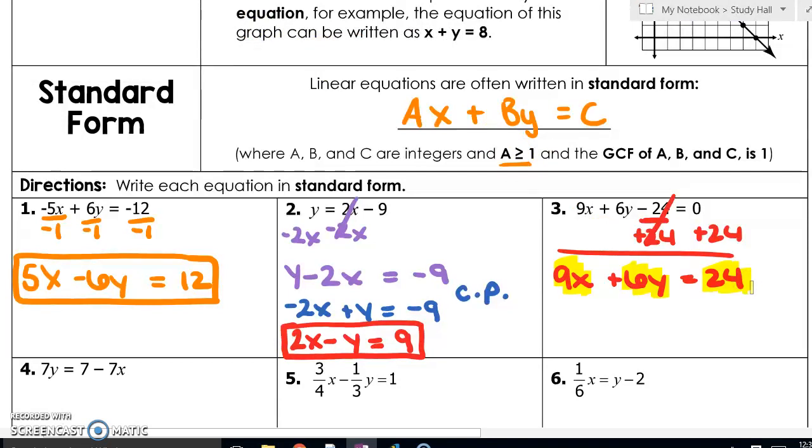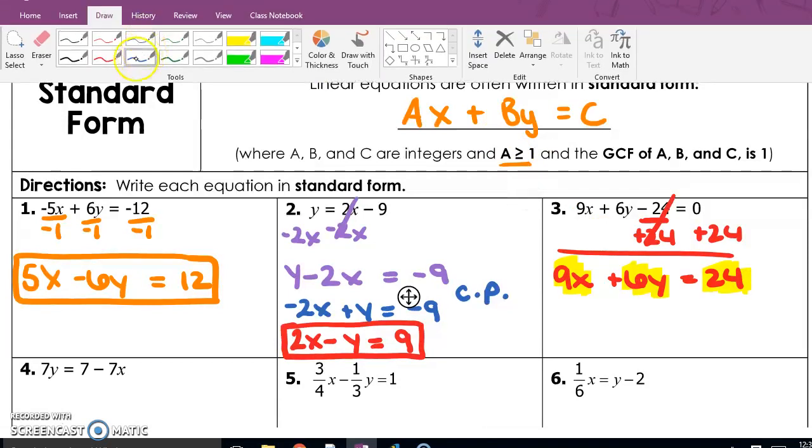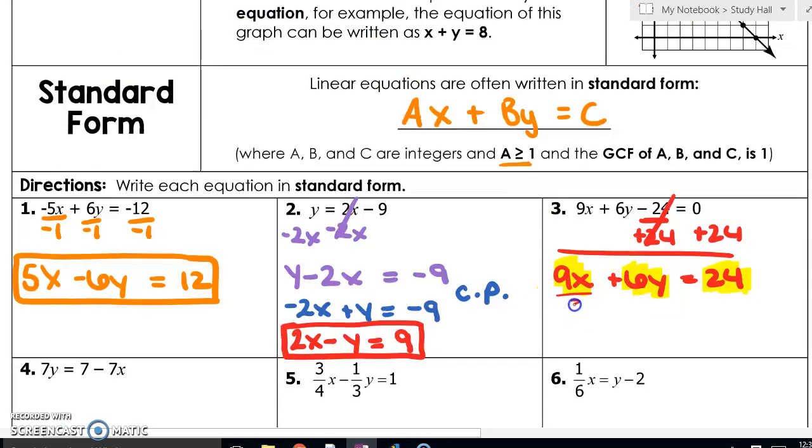There's actually a GCF of 3. So we're going to divide every term by 3, and we'll be left with 3x plus 2y equals 8, rather than having a common factor between all of them.